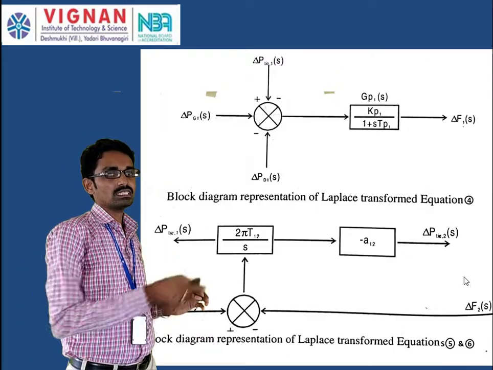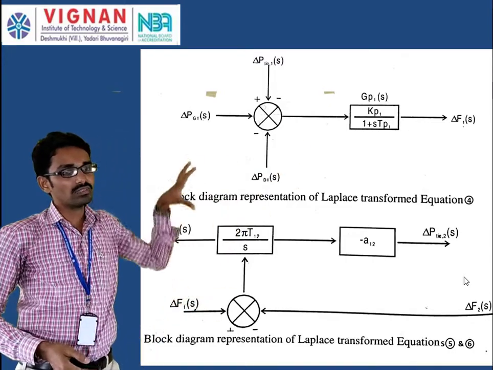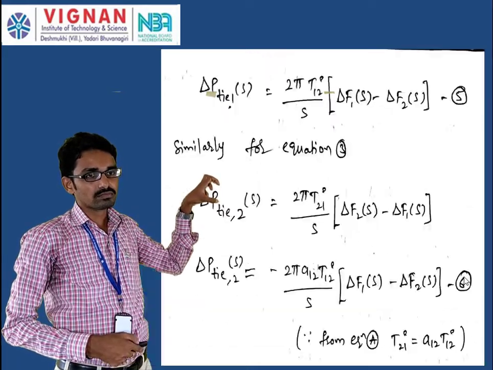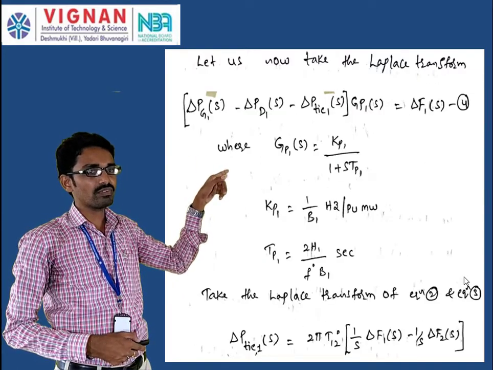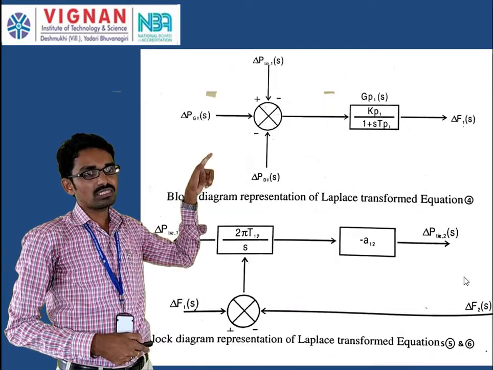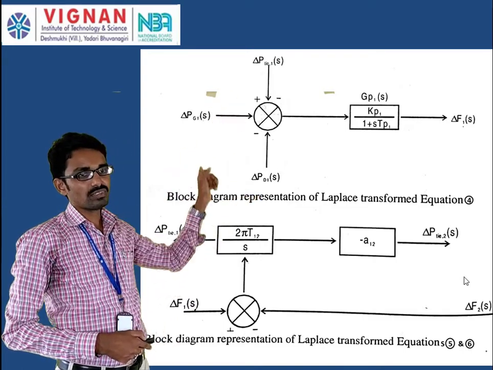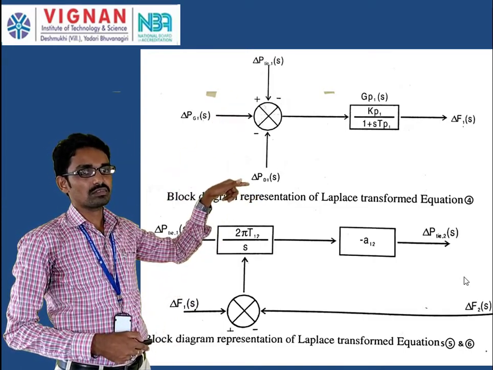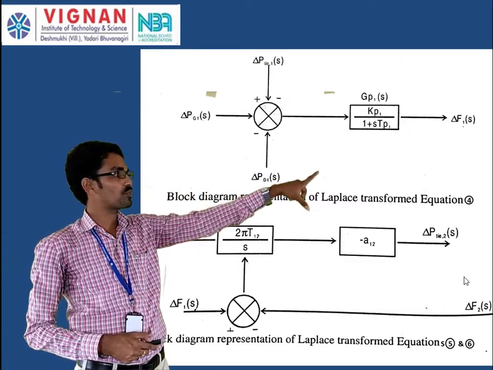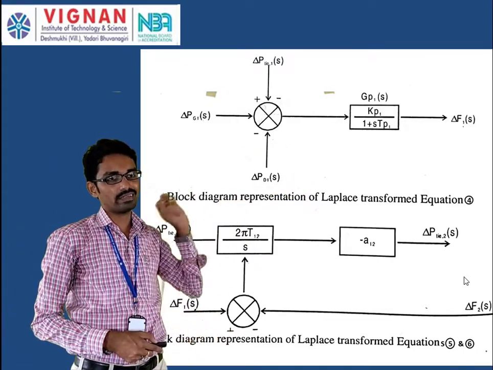If I draw that, the output of the transfer function is delta F1 of s, and the inputs are delta Pg1 of s, delta Pd1 of s and delta P tie1 of s. That is the block diagram from equation 4.